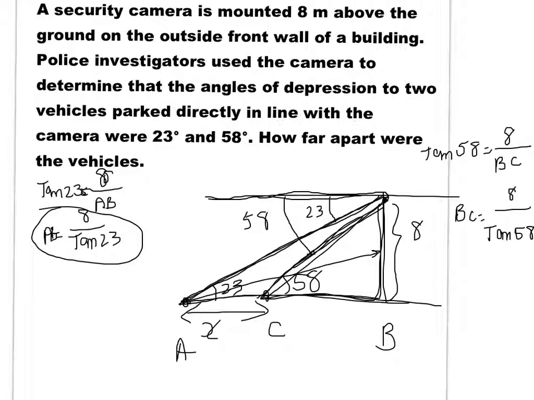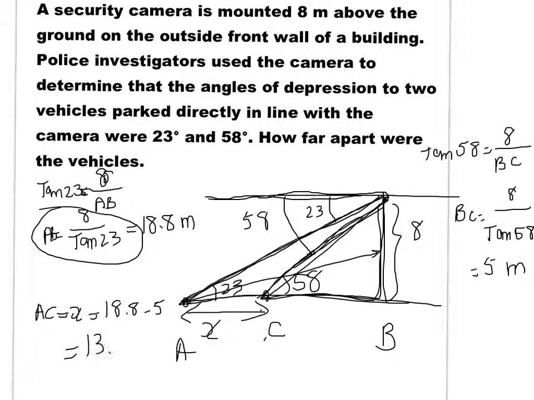Now, AB, if you simplify 8 divided by tan 23, you get about 18.8 meters. And BC, when you do that division, you get about 5 meters. Now, you can see easily that X, AC, is the difference between 18.8 and 5 meters. So AC, the distance between the cars, which is X, is equal to 18.8 minus 5, which is 13.8 meters.